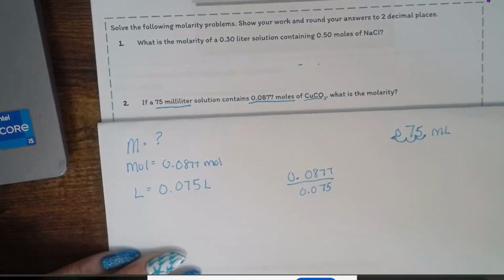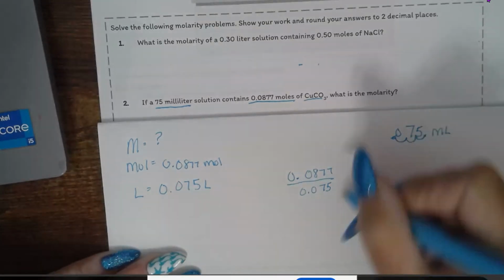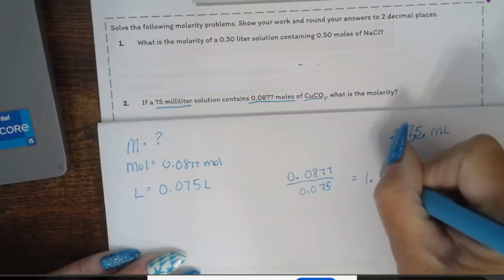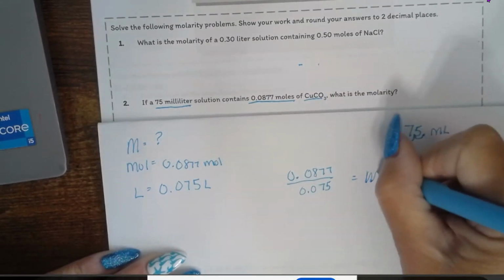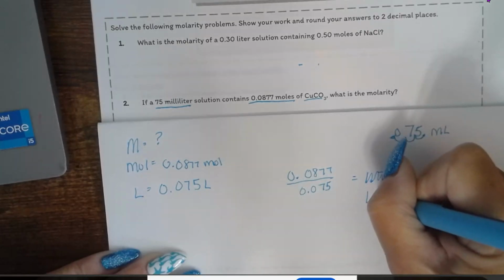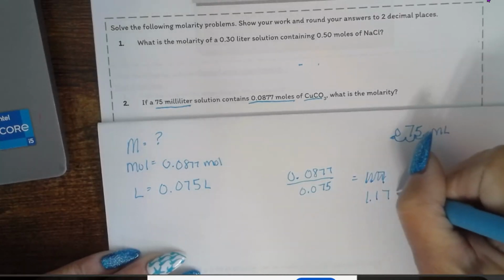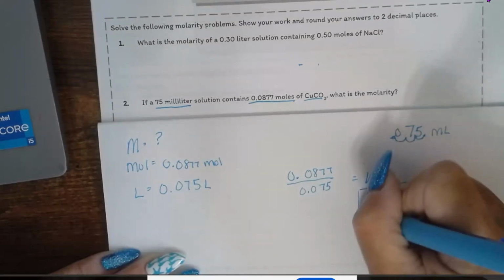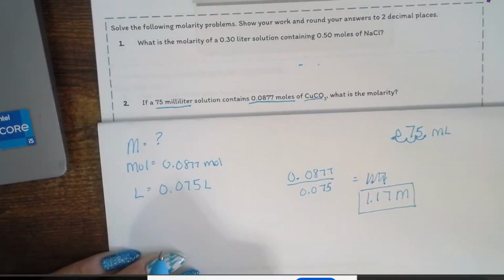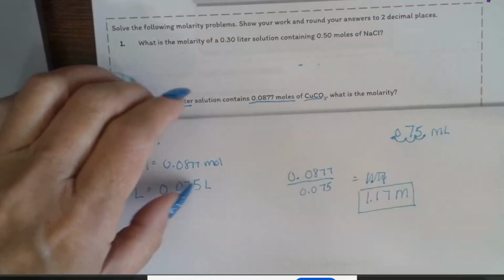And let's plug that into my calculator. And I should get 1.17 capital M molar, 1.17 molar. All right, that is my final answer.